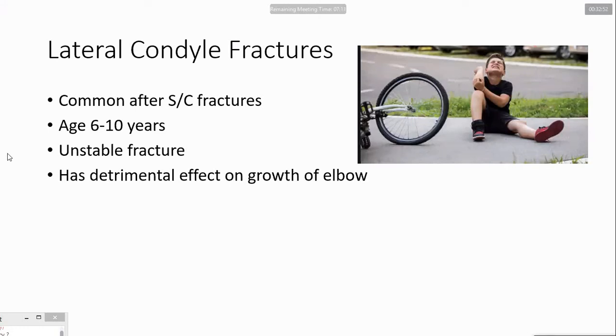If it is injured and does not grow, then only the medial side of the elbow grows. That leads to a cubitus valgus kind of deformity. That's the reason you have cubitus valgus deformity in lateral condyle fracture, as the lateral condylar part does not grow.